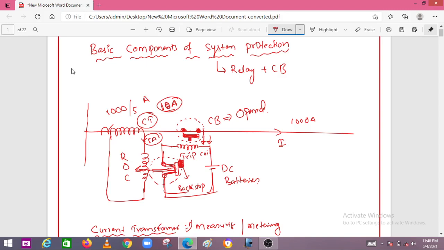Whenever there is a fault current flowing through the transmission line, the relay operating coil will be magnetized, which will be attracting this plunger to the horizontal left hand side, which will be closing this trip circuit, and because of this DC battery, this trip coil will be magnetized, which will be attracting this plunger by opening the circuit breaker, so that the equipment which are connected to the transmission line will be protected. So these are the basic components of the system protection which exist in the power system network.